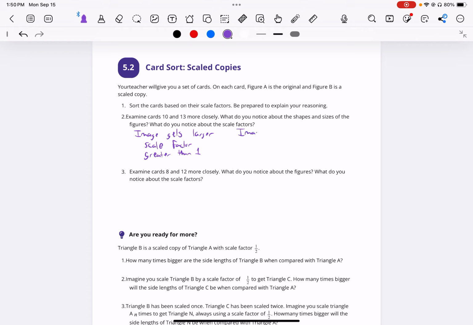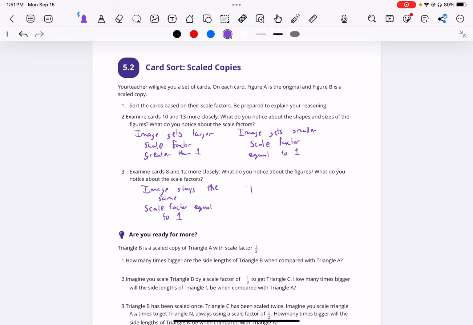If your image gets smaller, then we know that our scale factor has to be less than 1. If our image stays the same, then our scale factor is equal to 1.